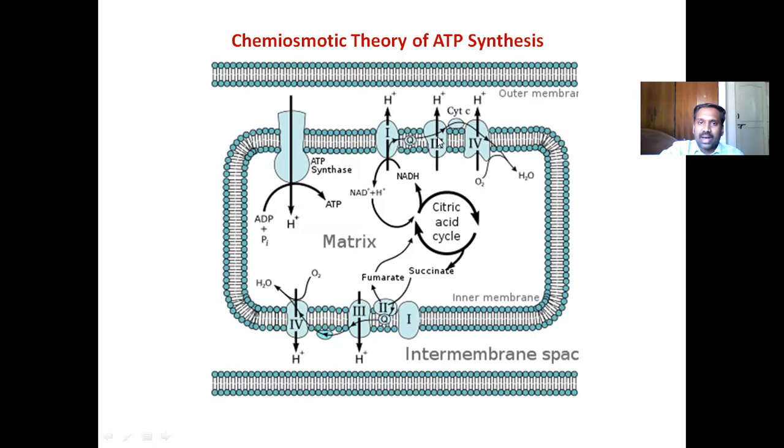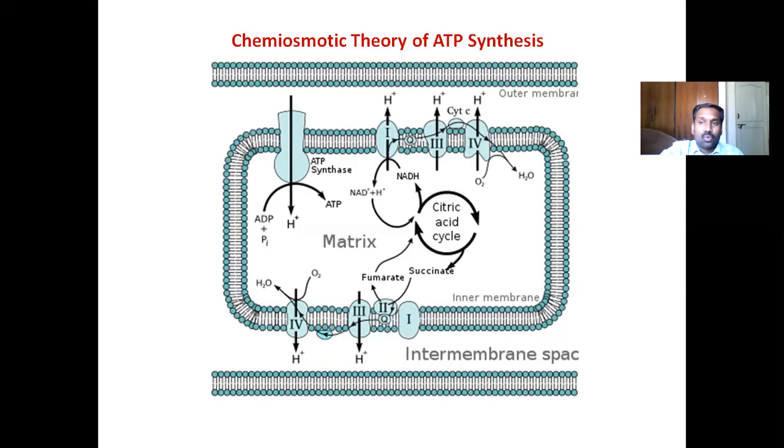So if this arrow mark is the movement of electrons, every complex, when one electron flows through it, pumps a proton from the mitochondrial matrix, which is in the central region of mitochondria, to the intermembrane space.